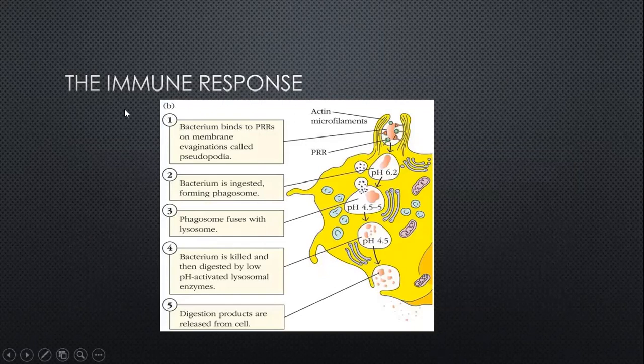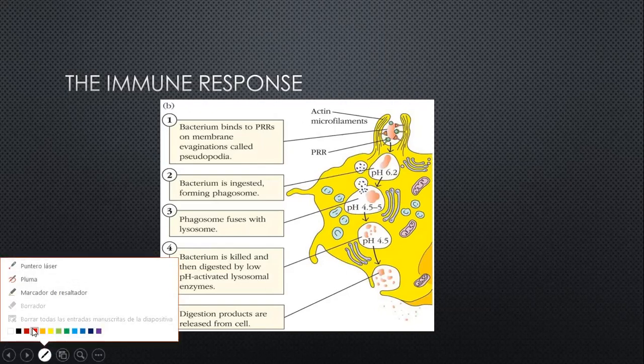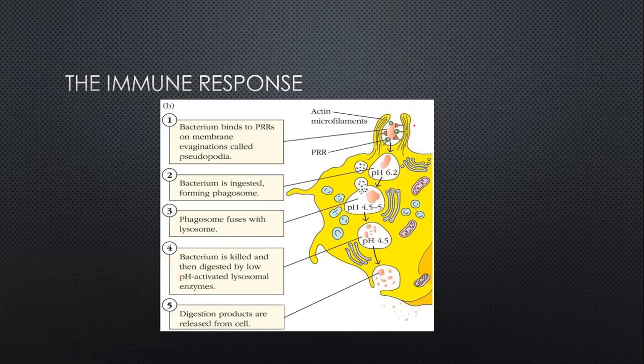Here we have a bacteria that binds to the PRR. You know what a PRR is, right? Now you do know. On the membrane, there are evaginations called pseudopodia. These are the pseudopodia, and they wrap the bacteria.